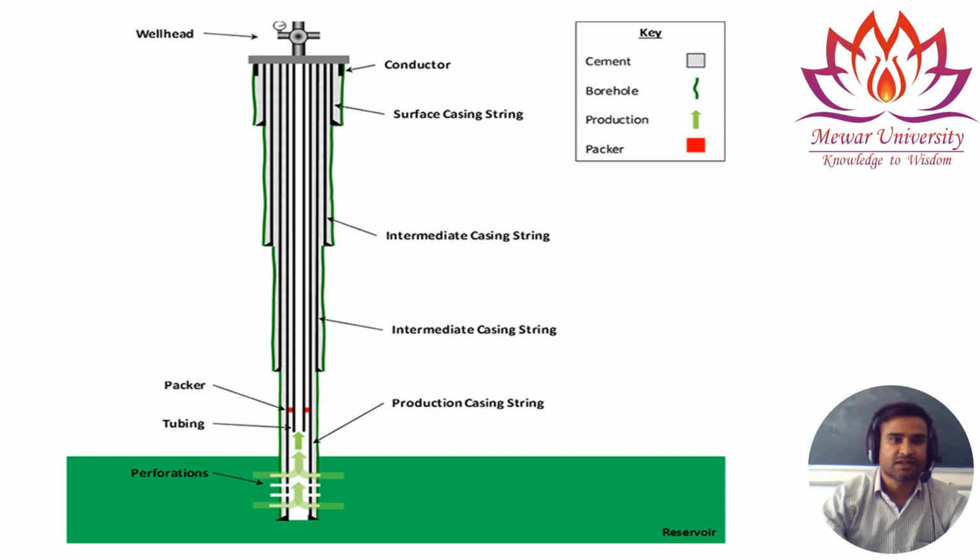So that's how the oil well is planned and drilled. We have one casing, another casing, then intermediate casing, then again intermediate casing, then we have the production casing or production string.